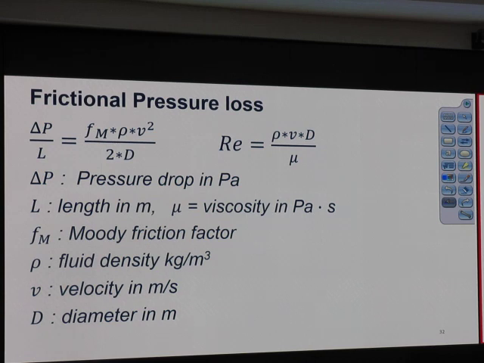Steady state is not the same as fully developed. Fully developed means velocity doesn't change with length anymore. Steady state means it doesn't change with time. Is this equation for steady state or transient? Zachary or Ricky? Is it steady state or transient? Steady state.